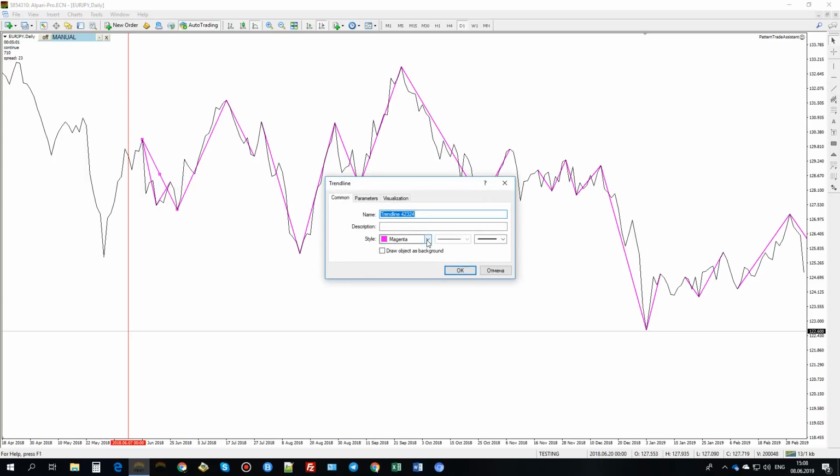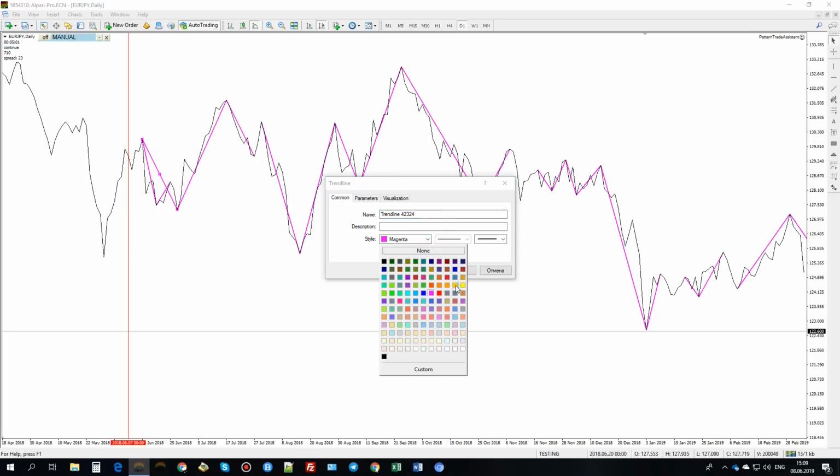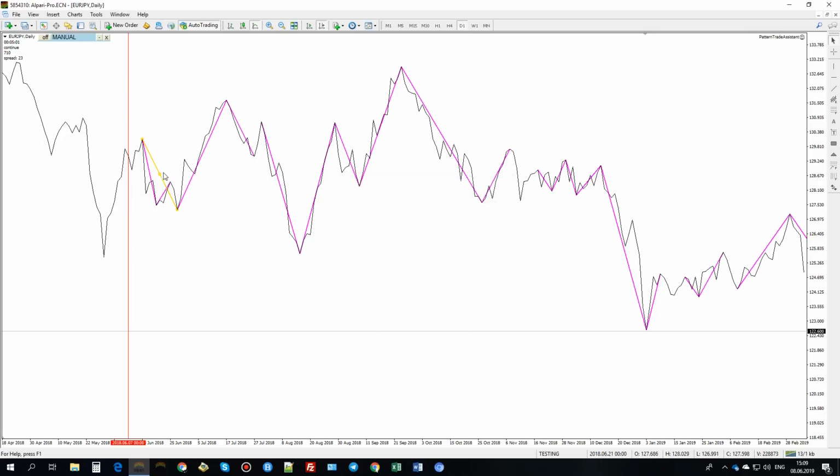Now let's unite them all and let our primary swing be gold. Gold is nice, yes. So we simply unite based on these magenta swings.